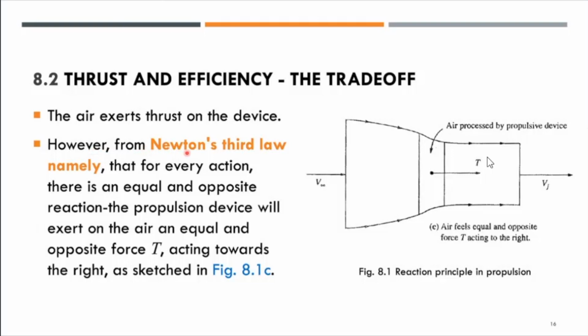However, from Newton's third law, for every action there is an equal and opposite reaction. This is an equal and opposite reaction to the right. So the force will push the vehicle to the left, but there will be an opposite force to the right.